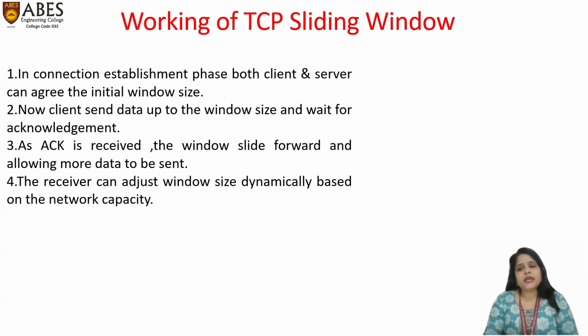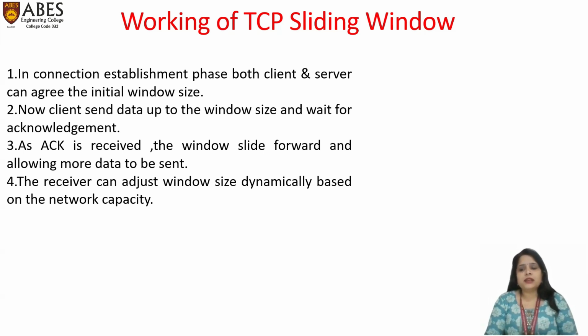For example, the sender window size is 5. It means the sender can send 5 packets to the receiver without waiting for acknowledgement. Similarly, the receiver sends a SYN plus acknowledgement segment to the client for establishing the connection. In that case, the receiver also sends its window size, which, for example, may be 5.